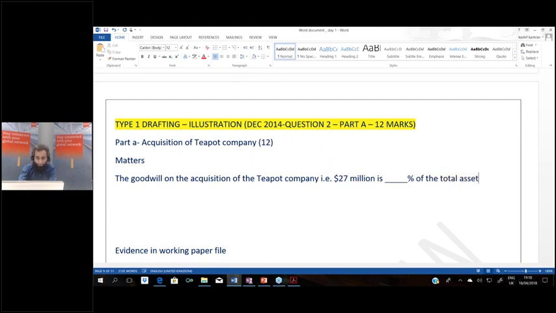You will divide it by the total assets, right? Is fill in the blank percentage of the total assets, thus material to financial statements, right? You got your 1 mark, full stop.